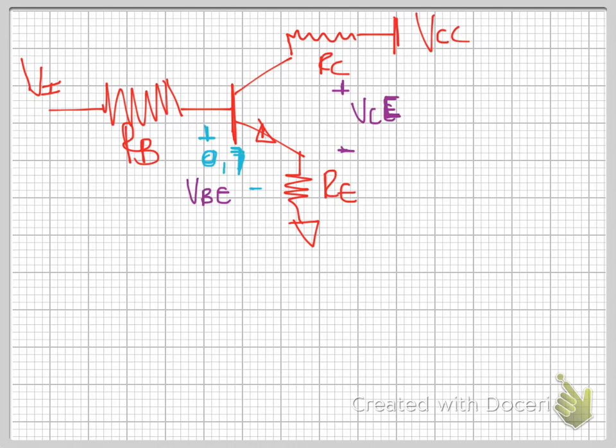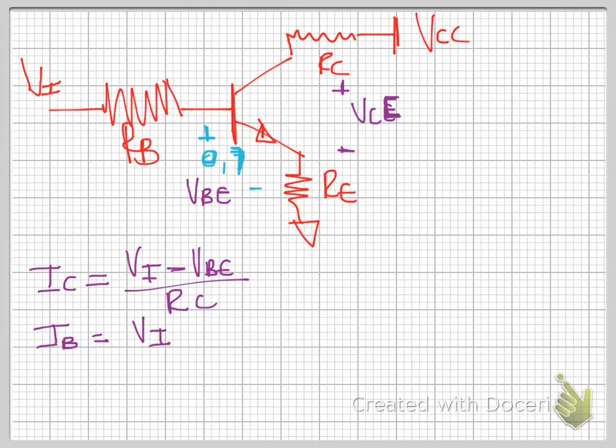We say that I of C is equal to V of input minus V of BE divided by R of C. And I of B is equal to V of input.